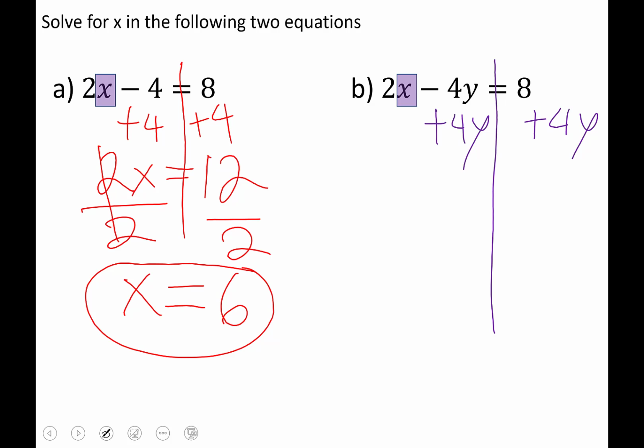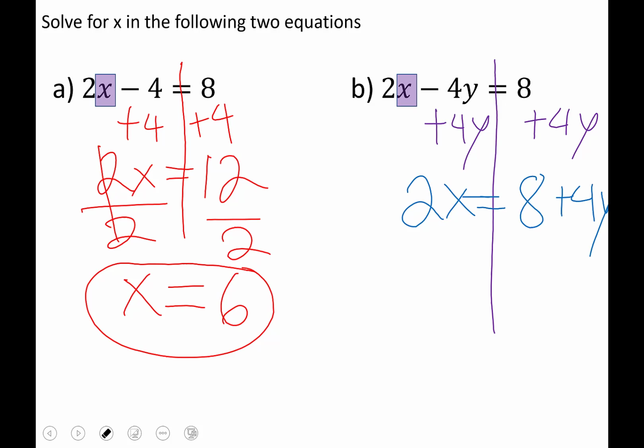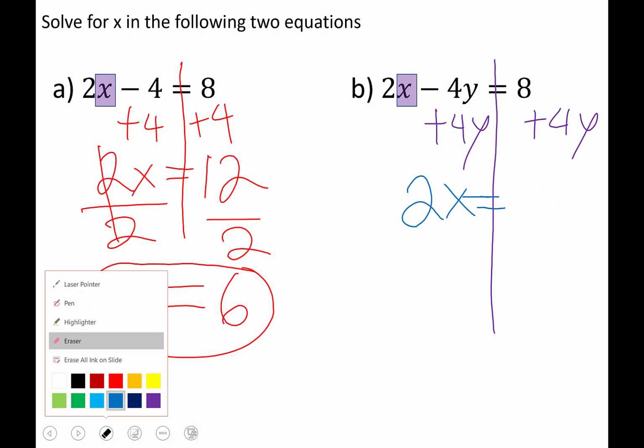So I'm going to end up with 2x is equal to 8 plus 4y. I'm going to write that a little better, because it's a little hard to read there.